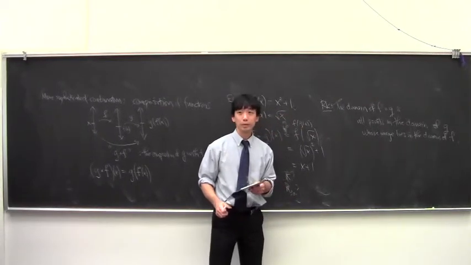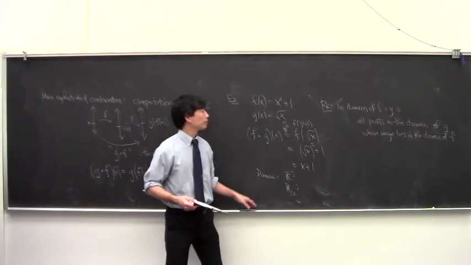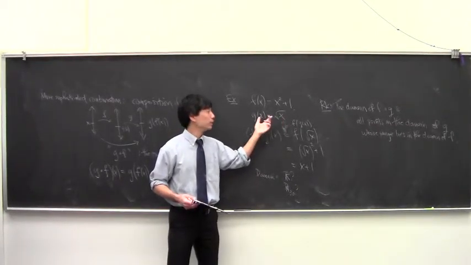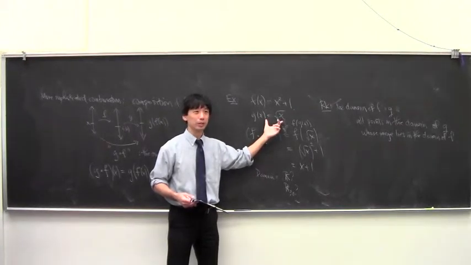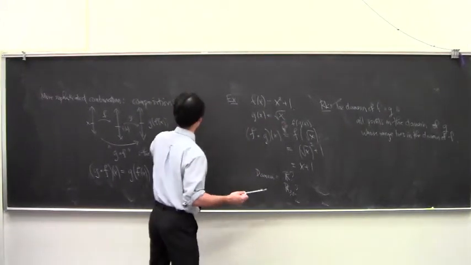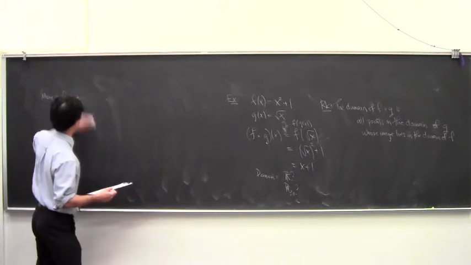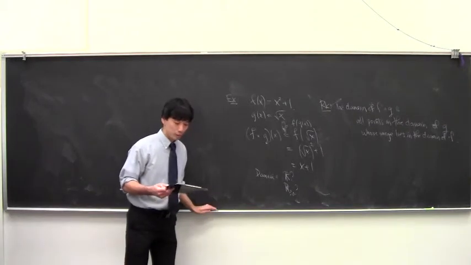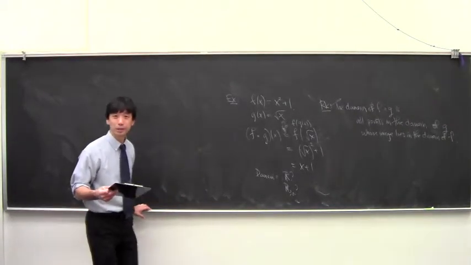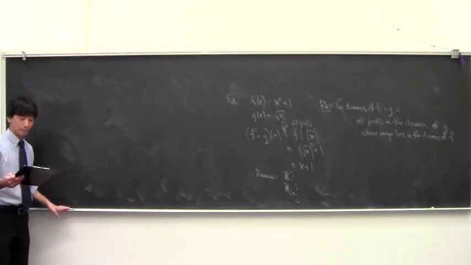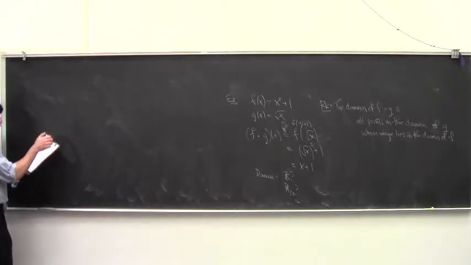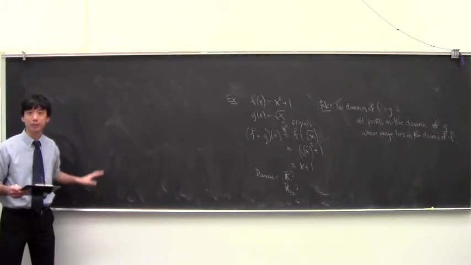So we can't say it's the whole real line here, because the domain of g is not the whole real line, but just the non-negative numbers. Not that big a deal. So, composition of functions. Any questions about composition?